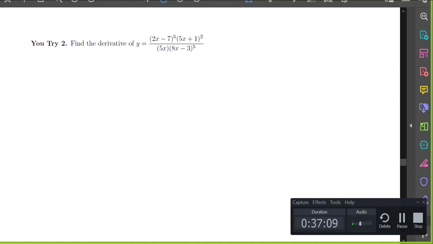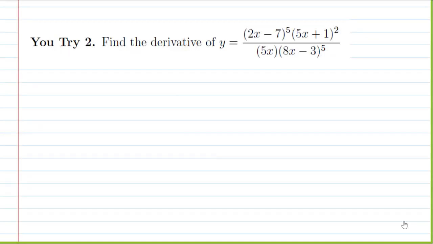So now your turn. Let's go ahead and find our derivative. If we take the natural logarithm of both sides and use our log properties, we're going to end up with the natural logarithm of y is equal to, and I'm going to do all my log properties in one step.